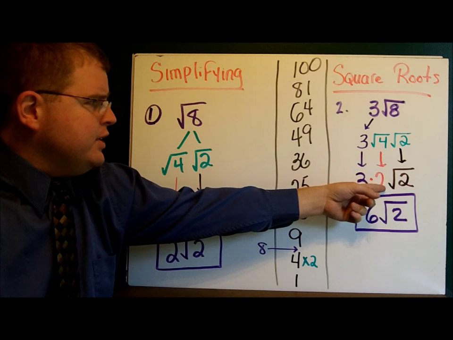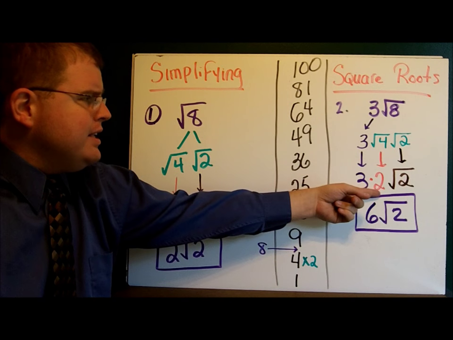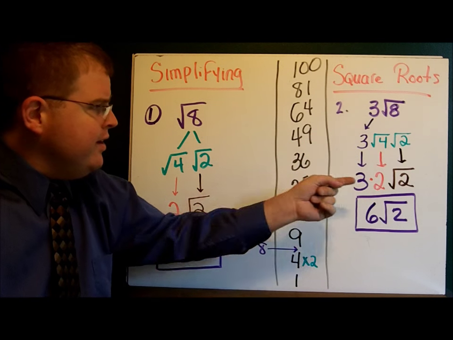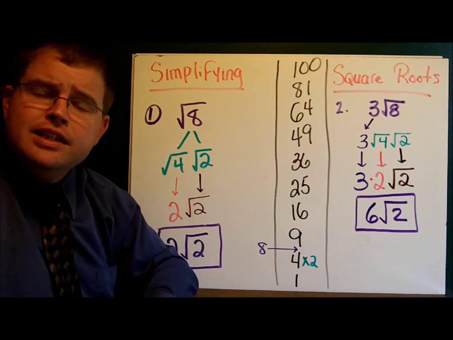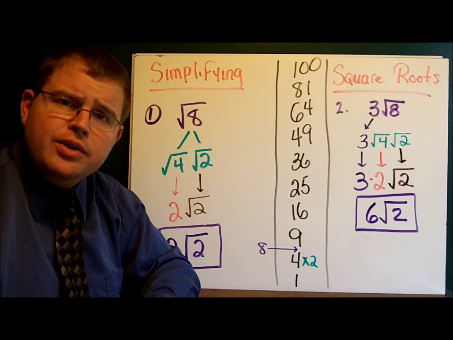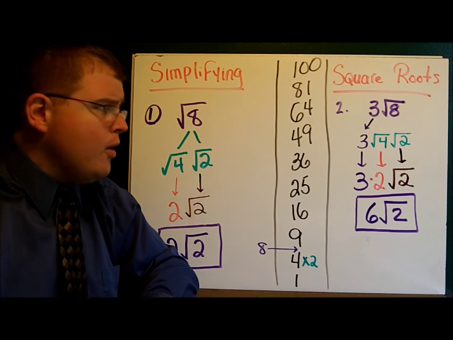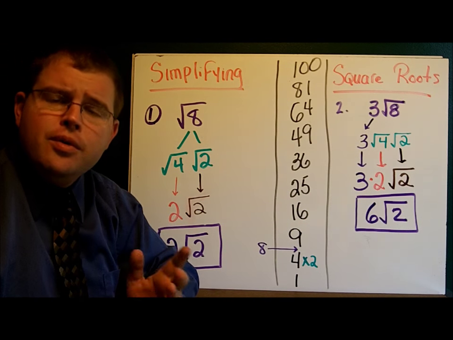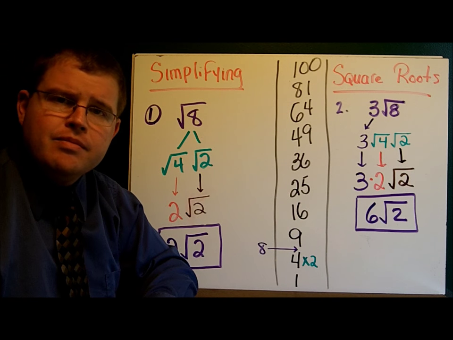Square root of 4 is 2, so I have 3 times 2. The 3 just followed us right along on the outside. 3 times 2 is 6, so 6 square roots of 2 is in simplest radical form. 3 square roots of 8 and 6 square roots of 2 really have the same value.